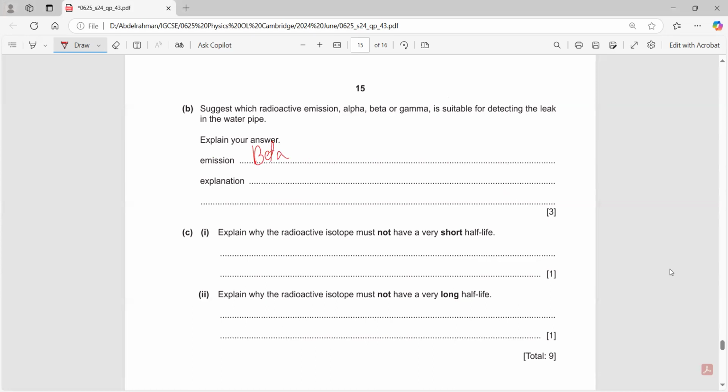Why is beta suitable? Beta can pass through the soil.